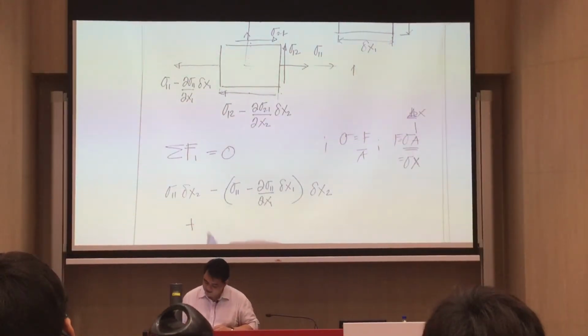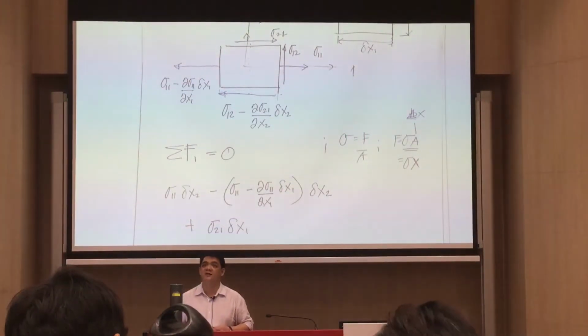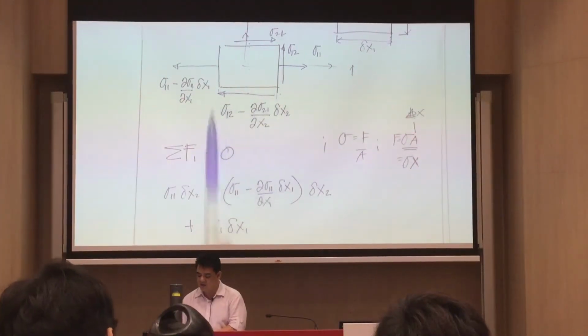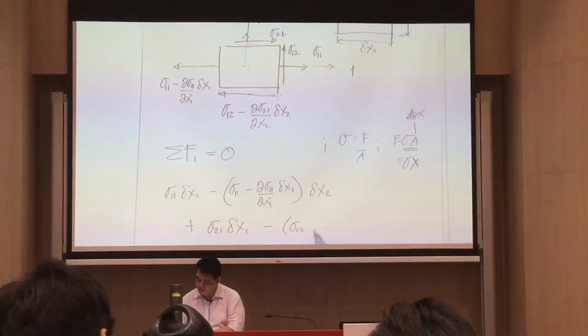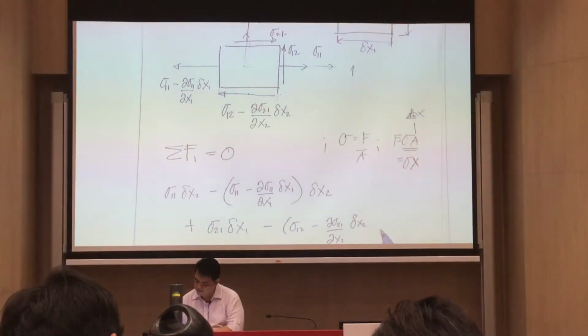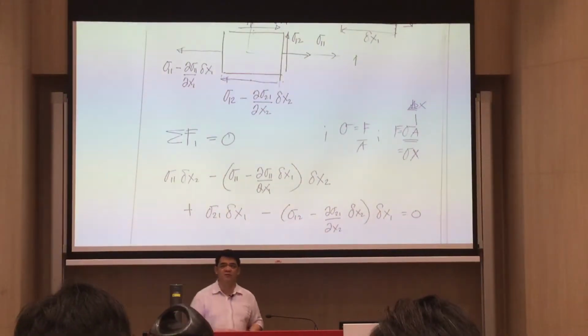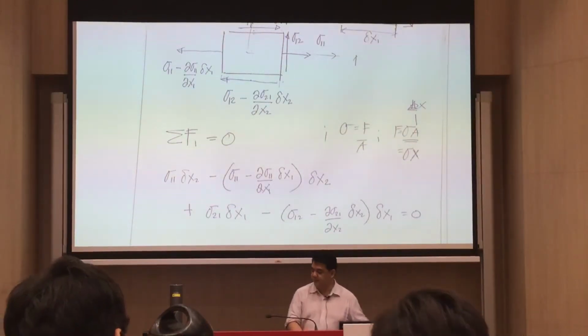So you have sigma 2,1 multiplied by delta x1. And then of course the same term here, minus, a partial sigma 2,1 multiplied by delta x1. So this now is equal to 0. We don't have any more forces acting along the one direction.